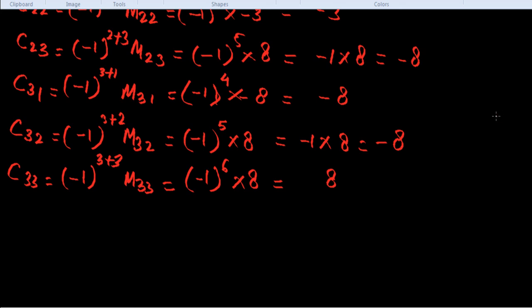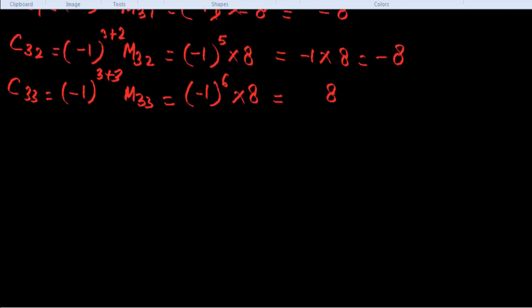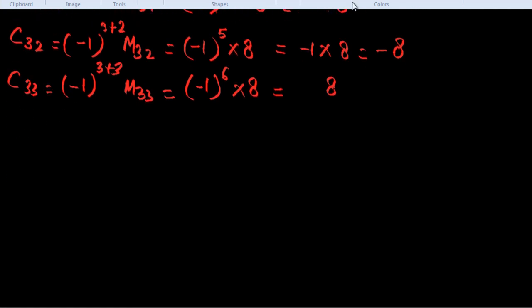Now we have to find the value of the determinant through the cofactors. There is no sign convention we have to apply, we just have to add these all in a proper way, so we could easily find it out. So determinant of E through cofactors: A11 C11 plus A12 C12 plus A13 C13.